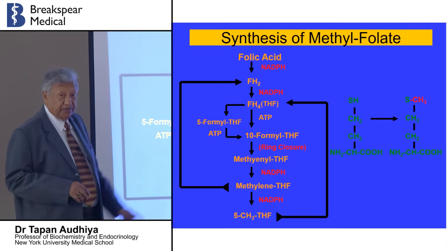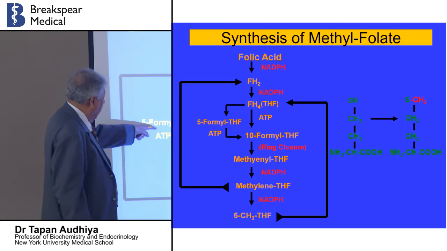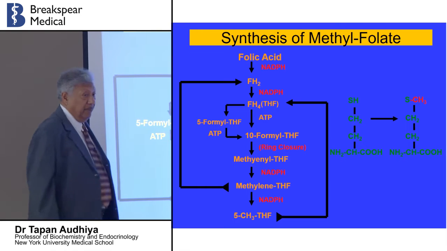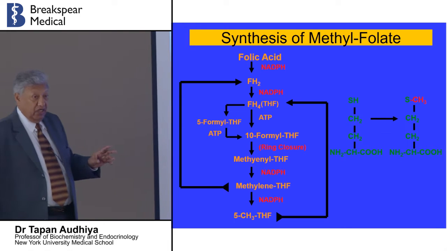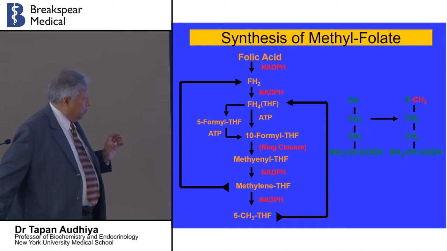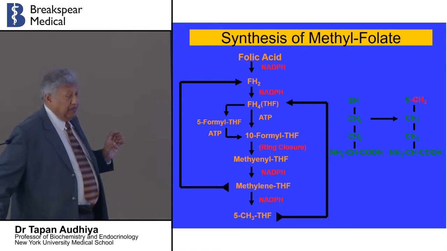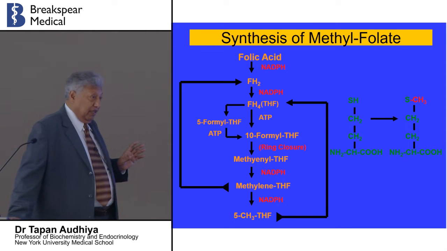Now, there are many cases, as we saw, where we use 5-formyl tetrahydrofolate, which is the same thing as folinic acid, a reduced folic acid. Instead of giving folic acid, we give folinic acid to the patient.